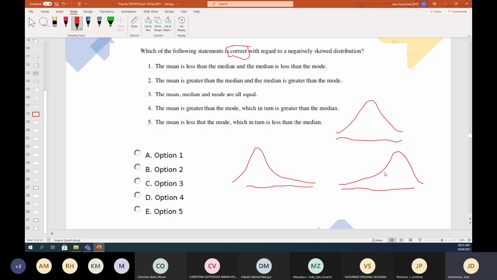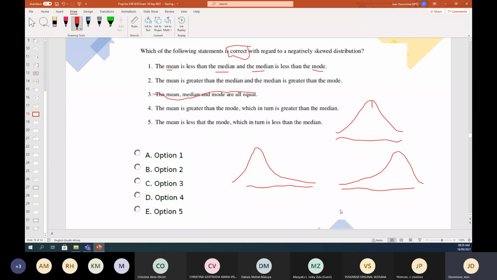So in a negatively skewed one, let's just see what happens. If it's a bell shape, your mean, median, and mode are all equal. Okay, so we're looking for the correct one, so that is definitely not the correct one. The other four speak around these two. So the mean is less than the median, and the median is less than the mode.